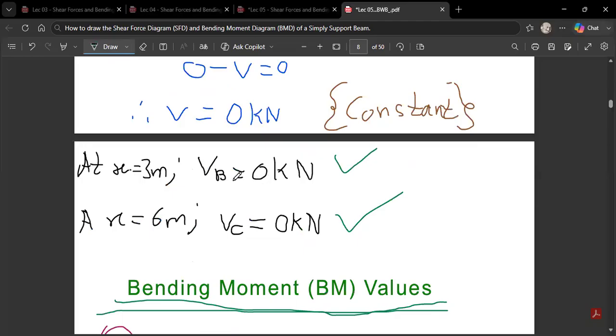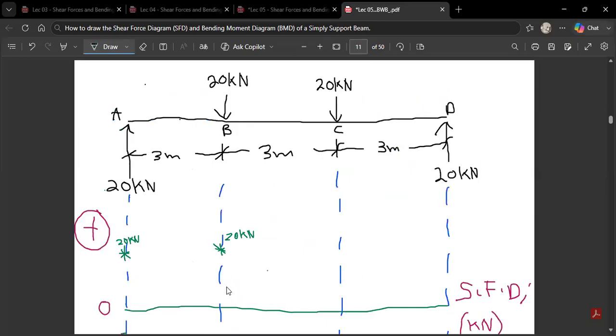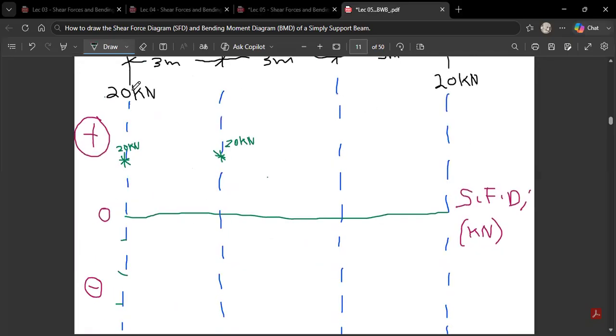Okay, B was 0, and then C was 0. That's portion BC. So let's go and plot it together. So we put 0 over here, and 0 over here. So that is 0 kilonewton. So that means that a point will be here, and also a point is going to be here. That's 0 kilonewton. So this also becomes a 0 kilonewton. But let's put it over here. 0 kilonewton.